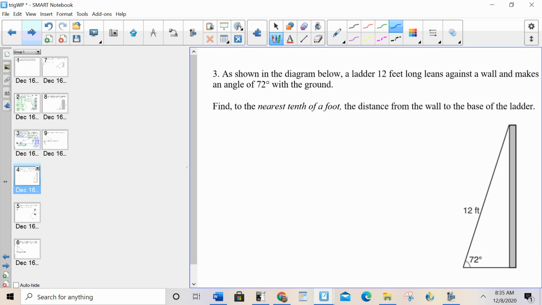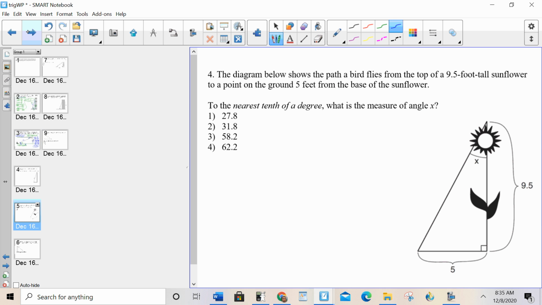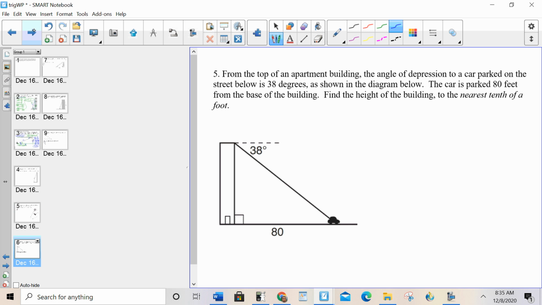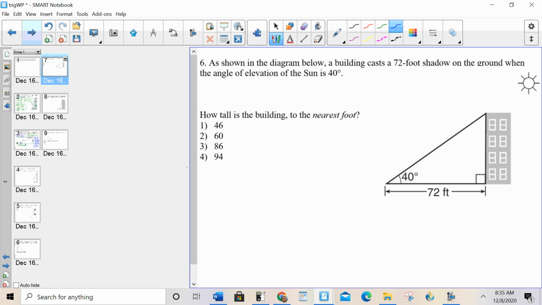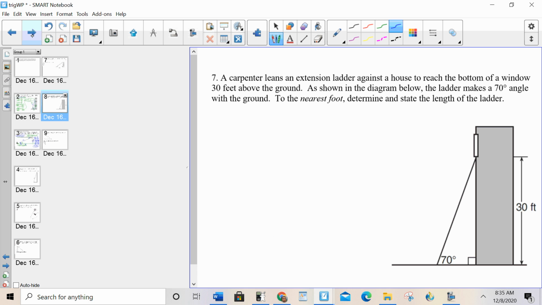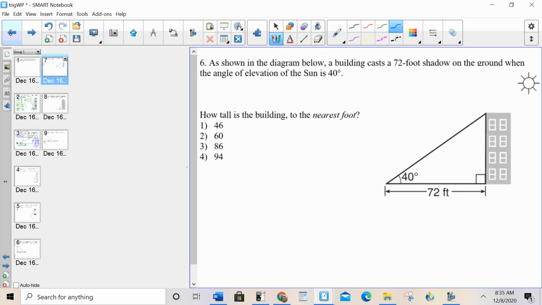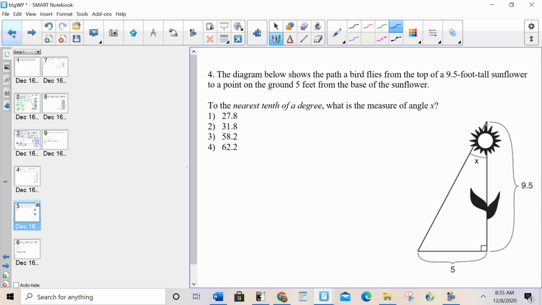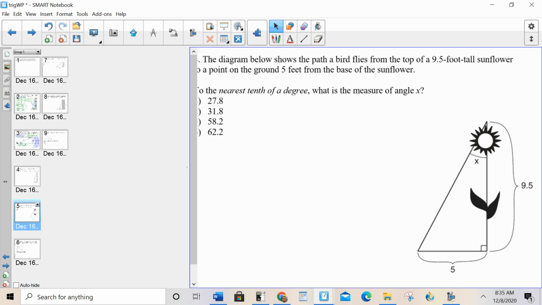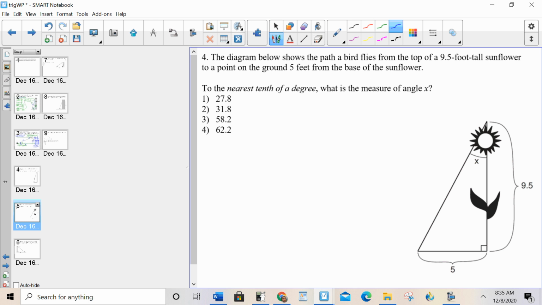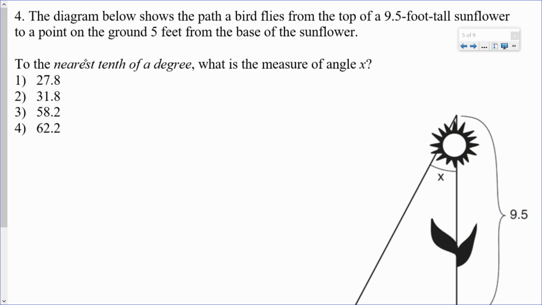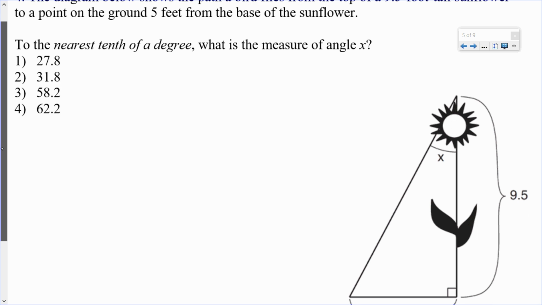All right. Let's skip ahead to number 4. The diagram below shows the path a bird flies from the top of a 9.5 foot tall sunflower.